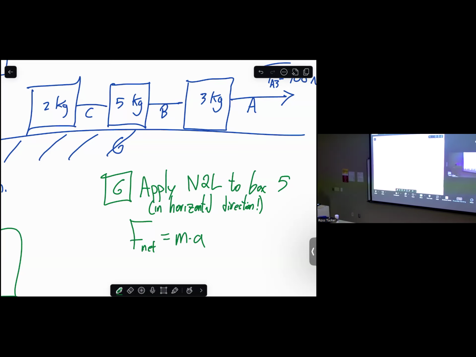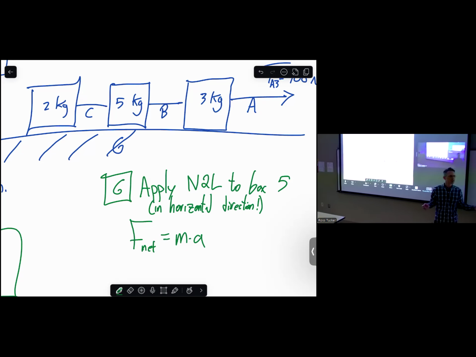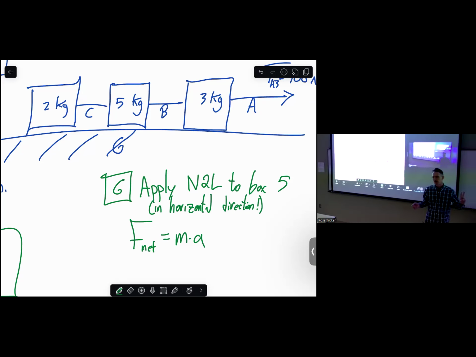Okay, let's demonstrate this step by step, inch by inch, millimeter by millimeter. Horizontally, there are 2 ropes tied to block 5. How many forces should there be on block 5? 2. There are 2 taut ropes attached to block 5. Which direction does a rope go?